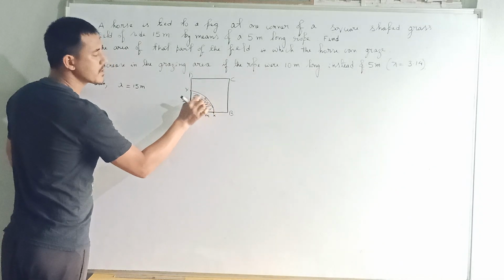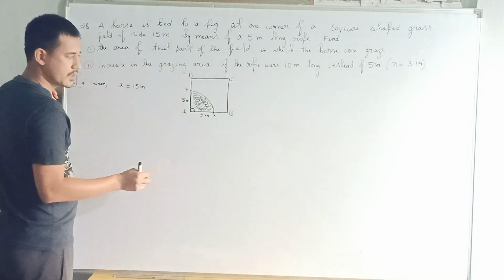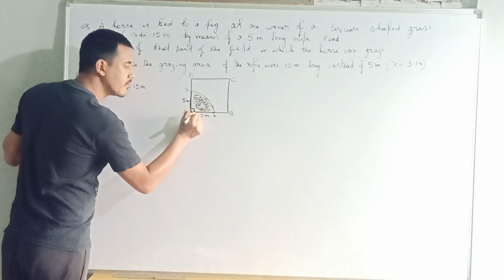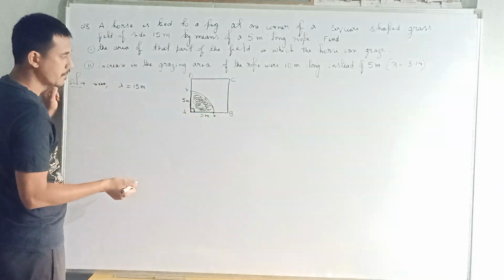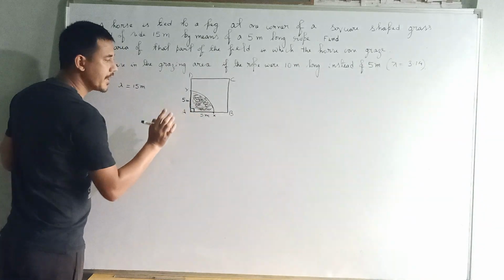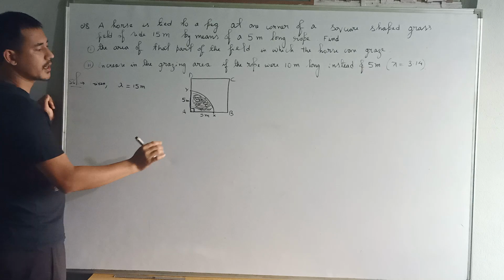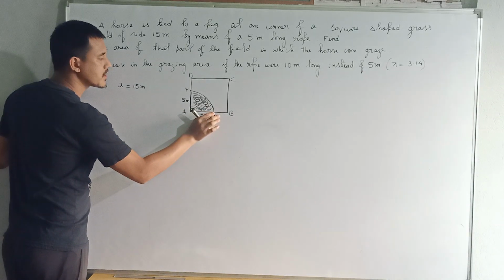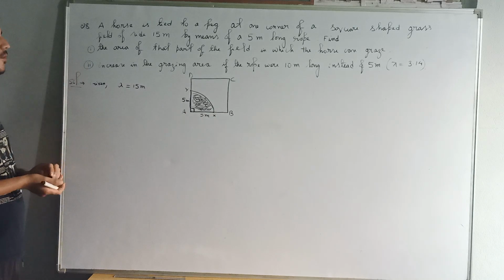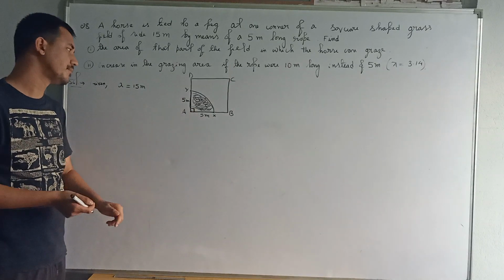So if this AXY is a sector, then the angle of the sector will be given by 90 degree. So this angle is equal to 90 degree, and the radius of the sector will be AX or AY, which is equal to the length of the rope, that is 5 meters.